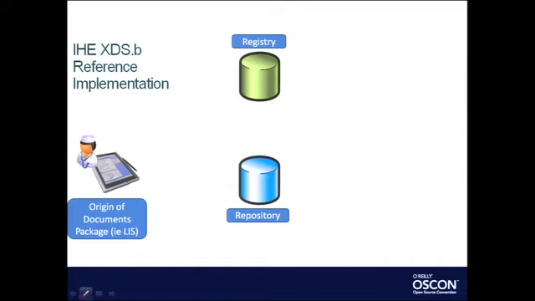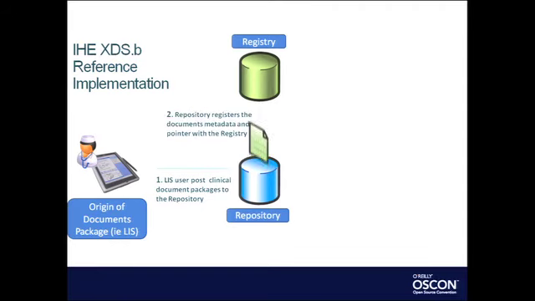And this is how IHE XDS.b would work. So if you have the lab, for example, in our example, the lab prepared the discharge summary. They want to make it available to the primary care physician. They use their application to submit the lab results to the IHE registry and repository. So the document is submitted with metadata about the document to the repository. And then what the repository does is it sends the metadata to the registry.